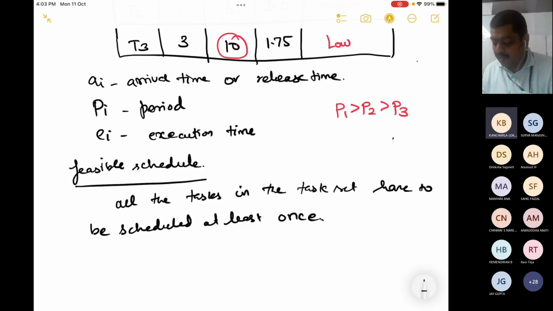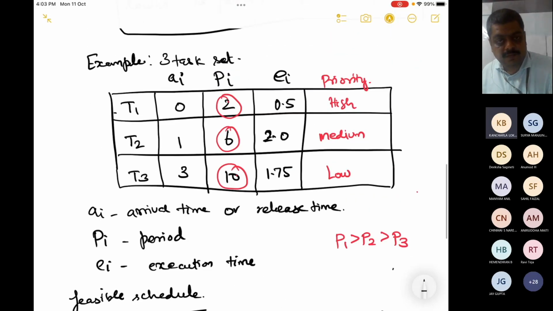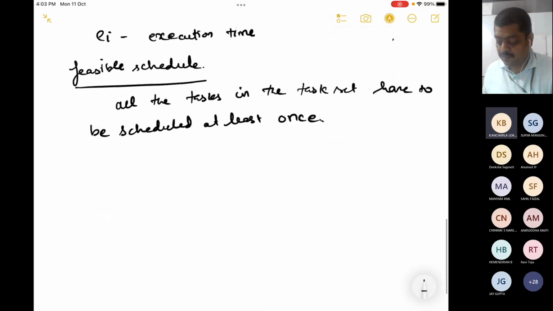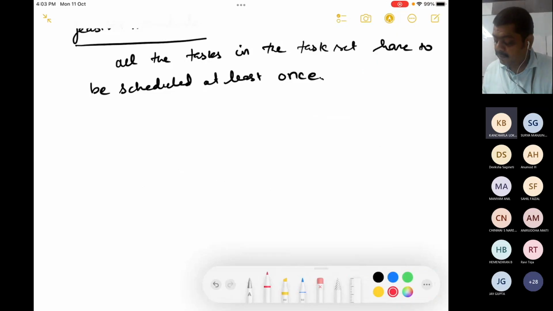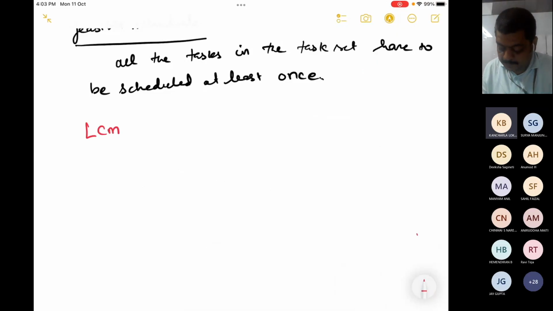That means we now have a three-task set with the three values 2, 6, 10 as periods. Then we have to schedule it, and it has to be scheduled at least once. But what is the duration? In rate monotonic scheduling, the duration is the LCM of the periods, that means 2, 6, and 10.